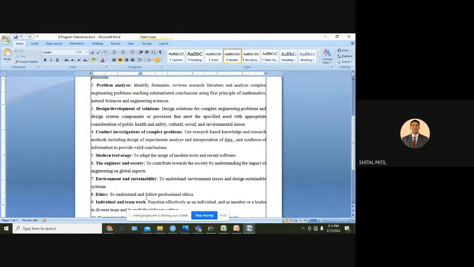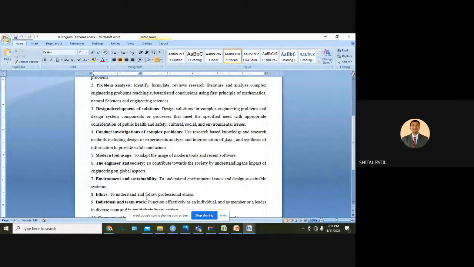PO 6 is engineer and society: contribute towards the society by understanding the impact of engineering on global aspects. Different global aspects are going on. For example, poverty is there all over the world. Then some environmental issues are there, global warming, ozone depletion. In the last 3-4 years, particularly in India, we are facing the problem of climate change.